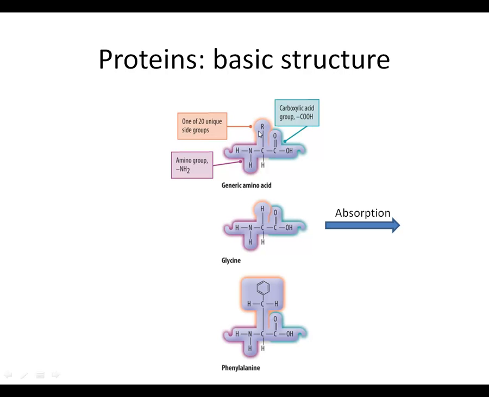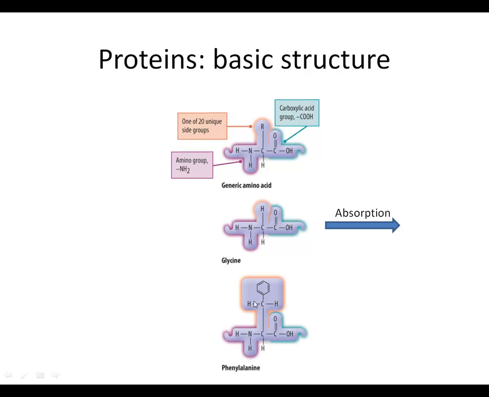This is a placeholder. It's called the R group. And what that means is that what's up here can be any of 20 different things. Here are two examples of those R groups. For this particular amino acid, which is glycine, the R group is just a hydrogen. That's the simplest amino acid.